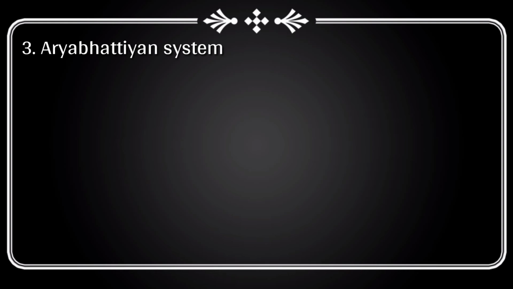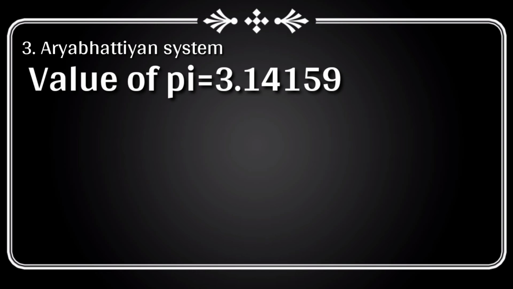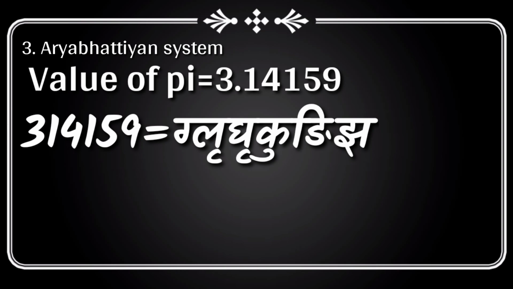So let us attempt to pronounce the earlier numeral that we had taken, the value of pi, 3.14159. Since the point is not defined in the system, let us ignore the point, and after you ignore the point, it is going to be 314159. Now how can you write that? Now look here, gr gr kungi jha.